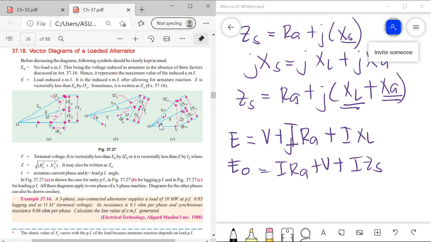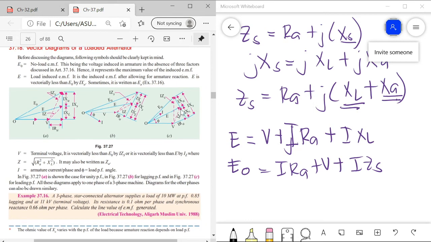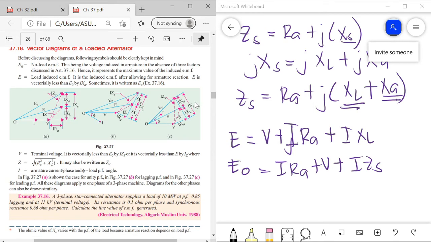So our current is leading here with respect to voltage, so here is our IRA, and then 90 degrees here, IXL plus IXA is equal to IXS. Terminal voltage plus IRA plus IXS is equal to the no-load voltage.